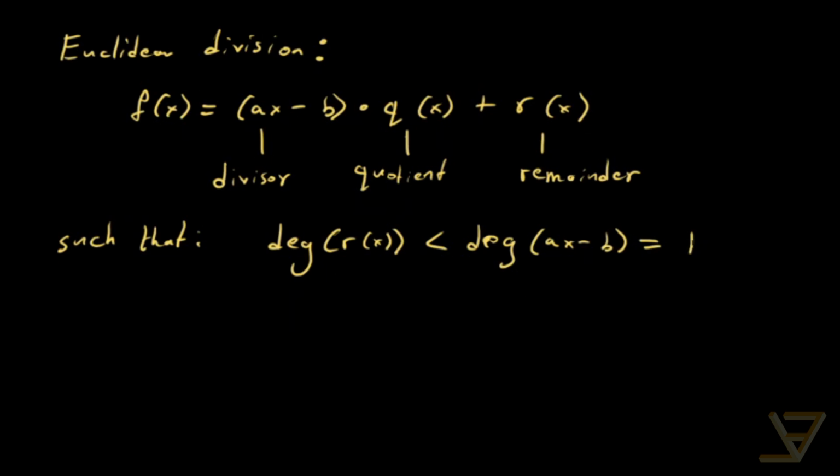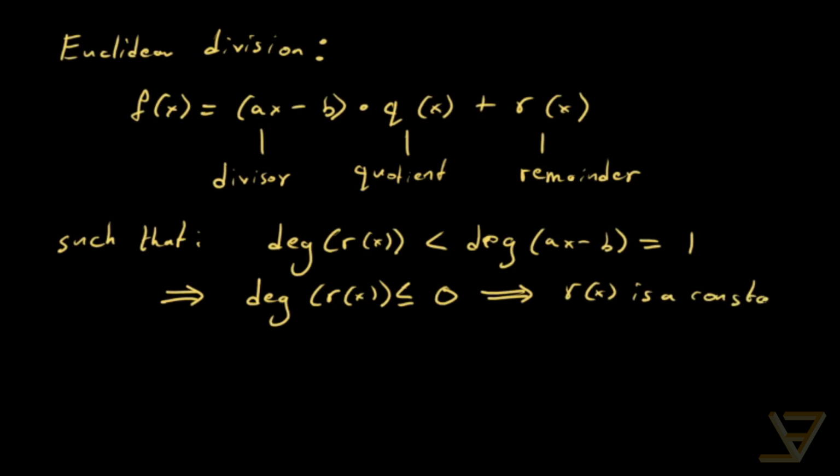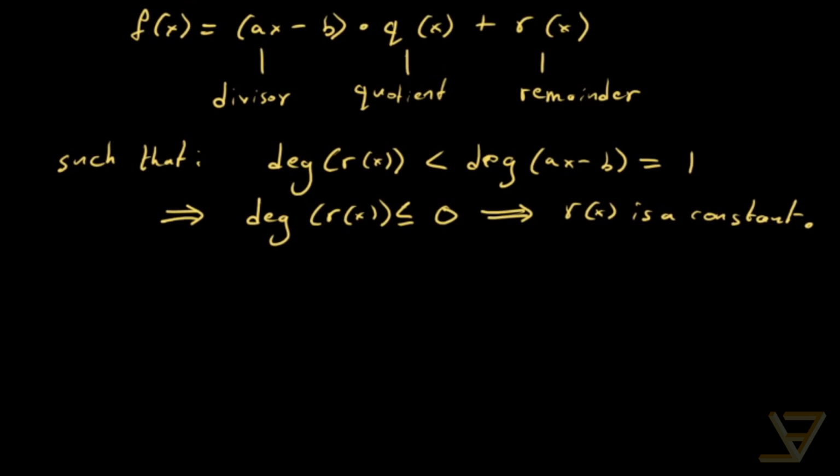And that is equal to 1, which implies that degree of r of x is less than or equal to 0, and that means r of x is a constant. It could be 0, it could be non-zero, but either way it's a constant. So what that tells us then is that f of x equals ax minus b times q of x plus some constant remainder r.